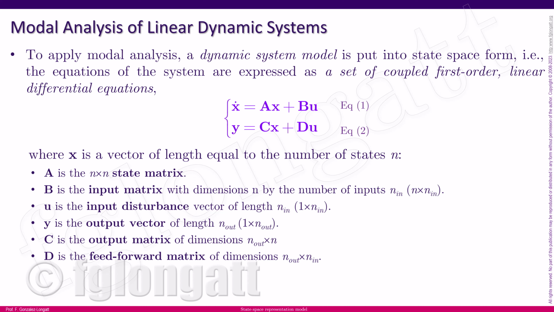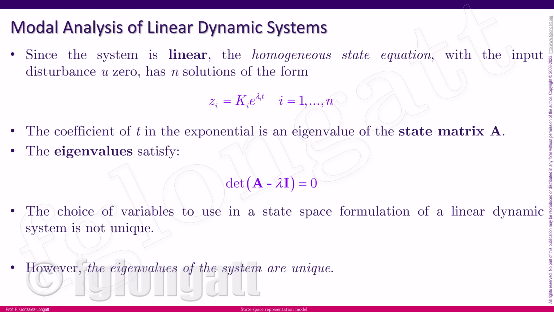In reality, the state matrix, the matrix A, is quite used for small signal stability because basically the eigenvalues of the state matrix are what define the oscillations or the modes of the system. So what you need to understand is that this representation, the matrices A, B, C, and D, is quite useful in many fields of power system, but also in control system.